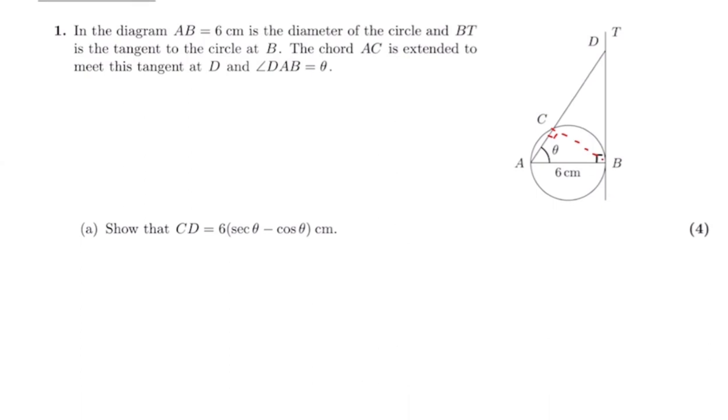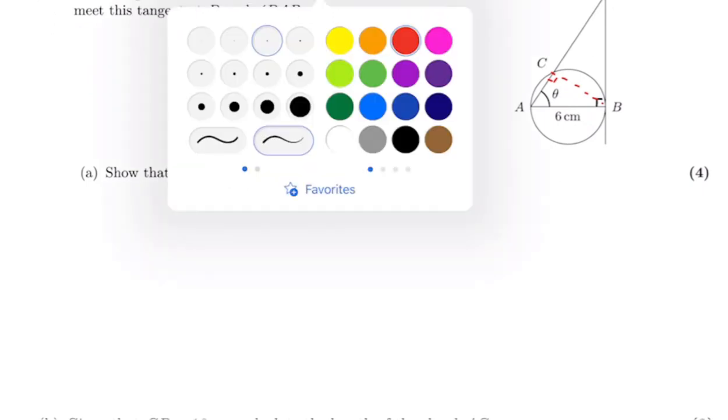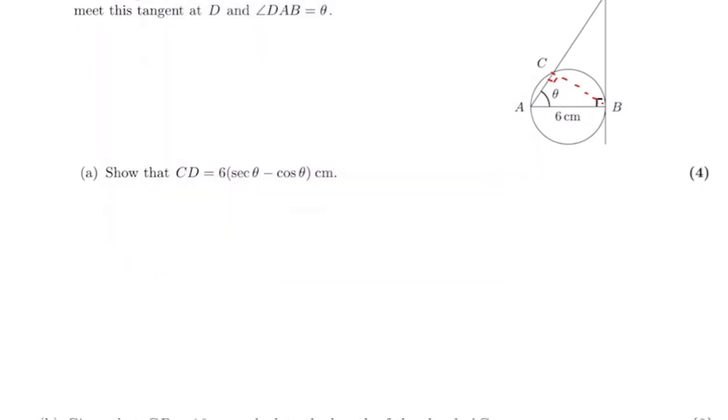Okay, so let's have a little look. I'm going to go through this one. We've got angle ACB is 90 degrees, and that's because a triangle in a semicircle is a right angle triangle.